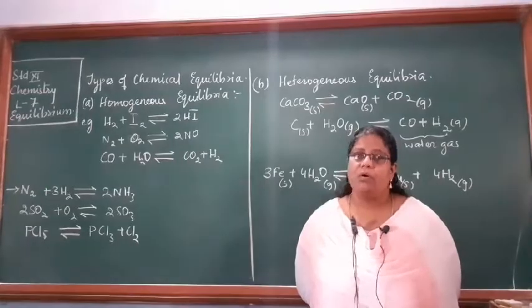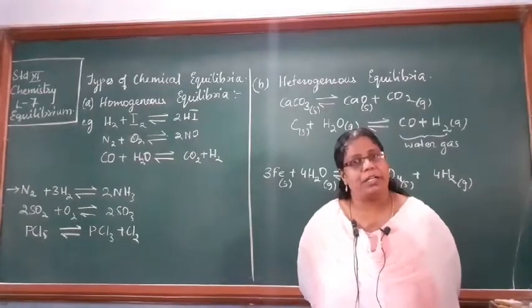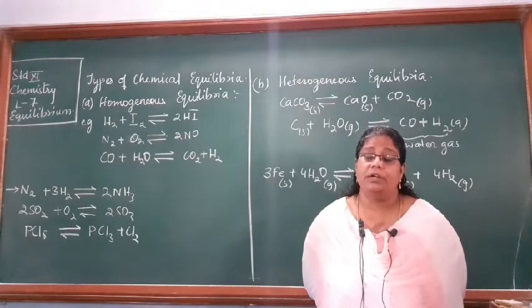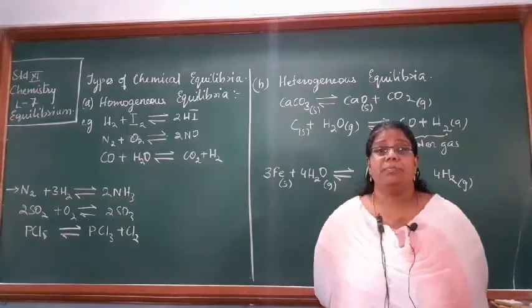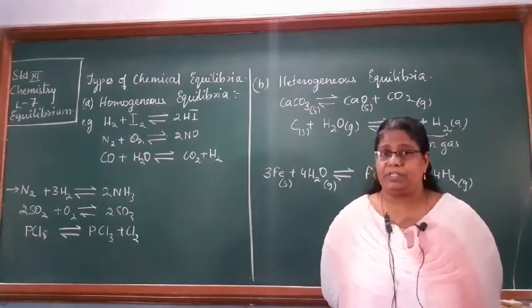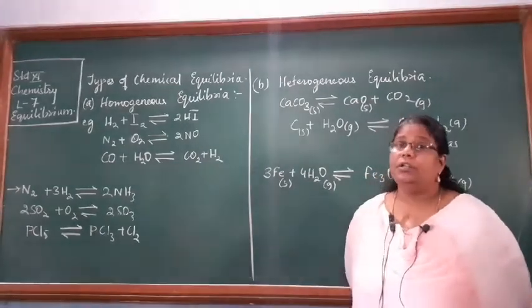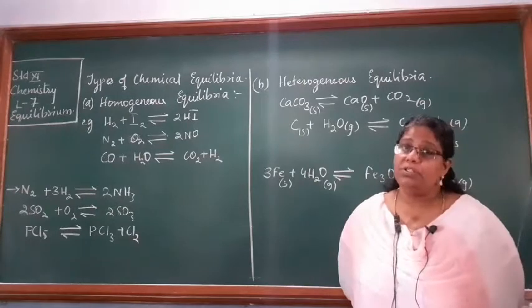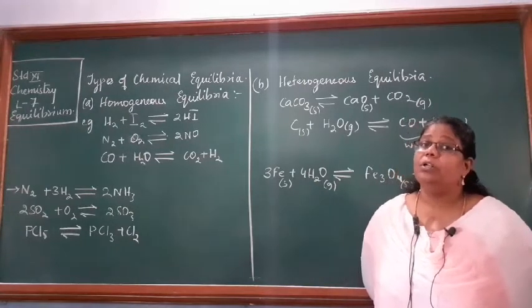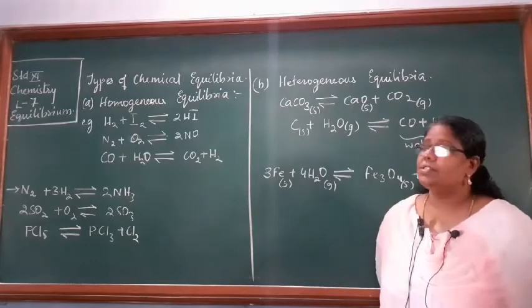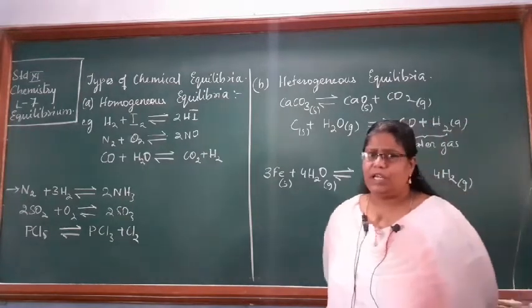For example, all of them are gaseous in nature, the reactants and also the products, or the reactants and products are in the liquid phase. That kind of reaction, with equilibrium established in it, we call homogeneous equilibrium. Various reactions we can see.